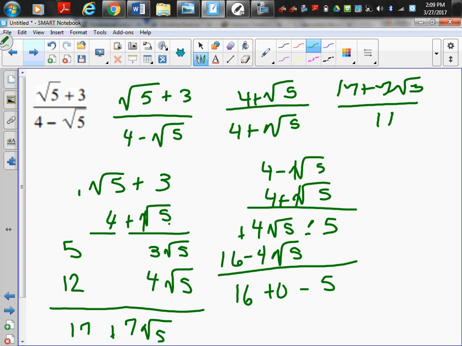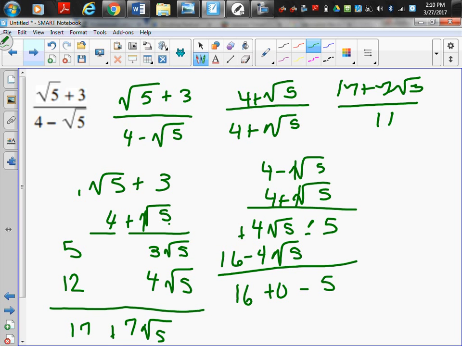Yes, that's what gave me 17 plus 7 square root of 5. You saying we don't have to do the square root of 5 plus 3 multiplied by the square root of 5 minus 3? No, you multiply the numerator and the denominator both by the conjugate of the denominator. Because you want a whole number in the denominator.